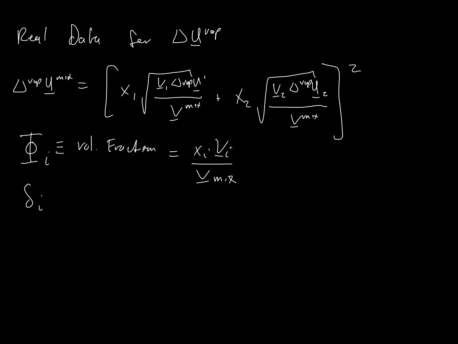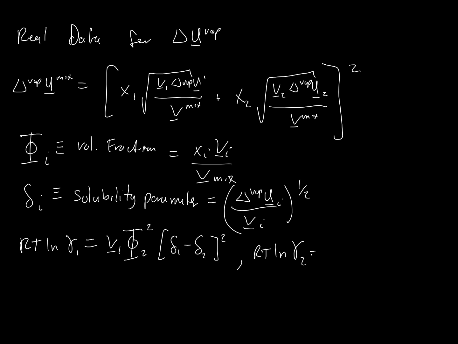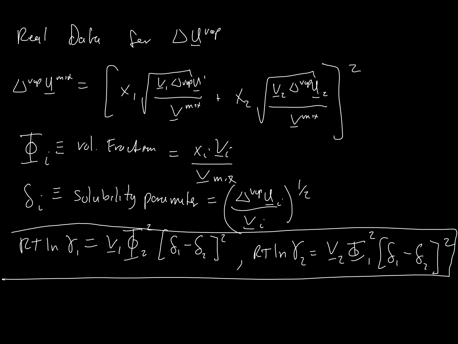We'll define this term called the solubility parameter, this delta. And basically, if we take all this information and slap it together, following the similar approach, we can come up with our new activity coefficient model. And this is a fully predictive activity coefficient model.